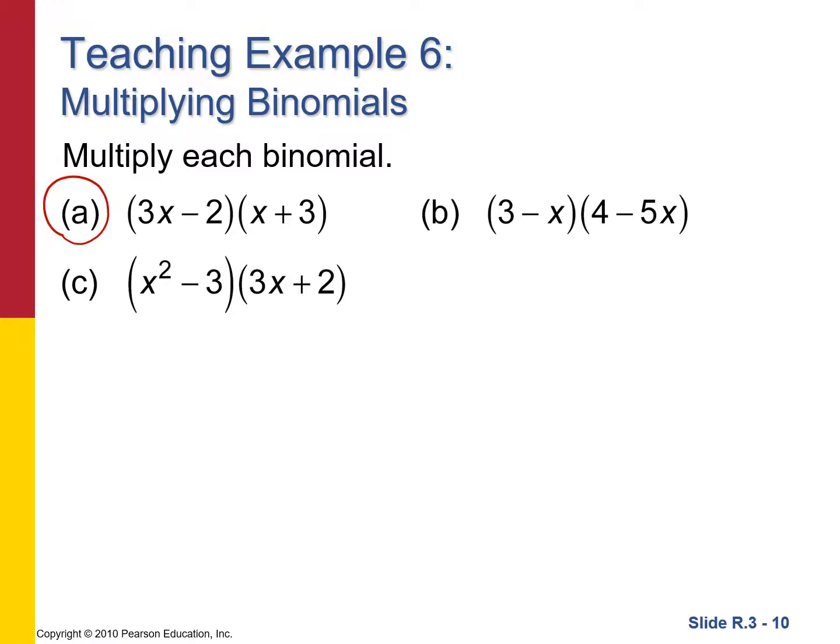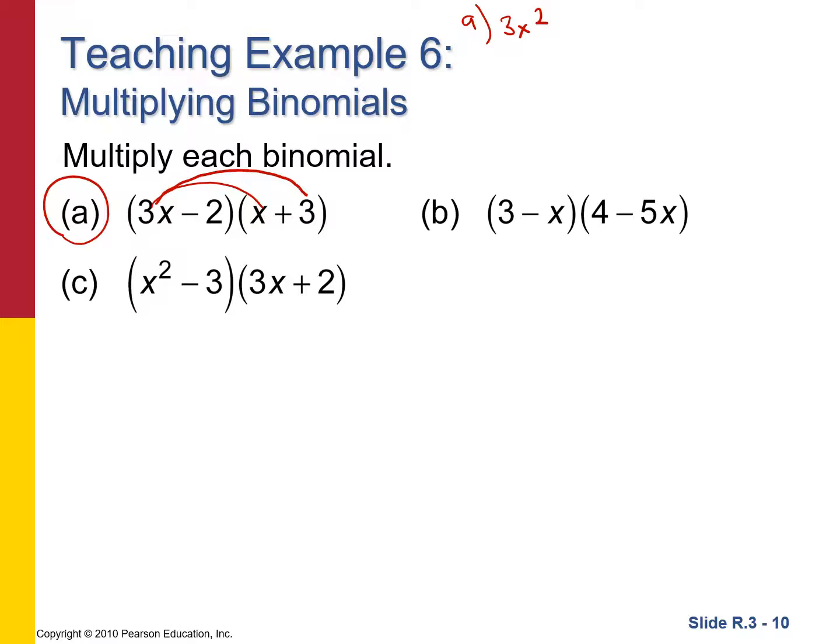Let's take a look at A. I'm going to work on A up here, okay? So again, first, 3x times x squared is 3x squared, okay? Outer, 3x times 3. You can multiply unlike terms.